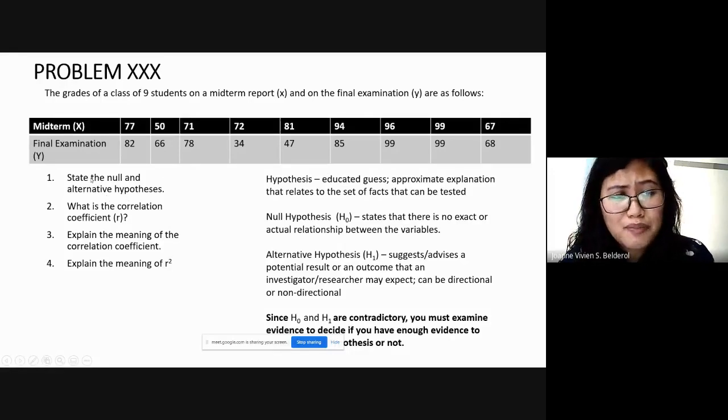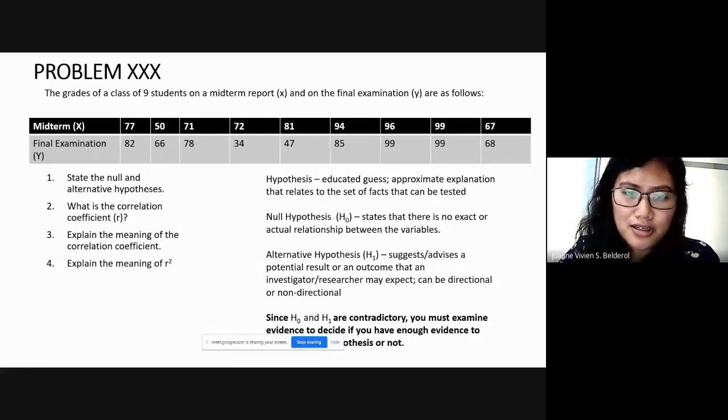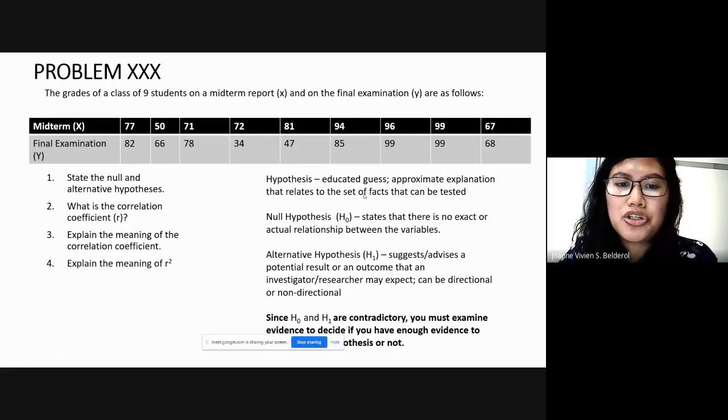Now, see number 1, it says there you state the null and alternative hypothesis. When we say hypothesis, it's an educated guess. It's an approximate explanation that relates to a set of facts that can be tested.